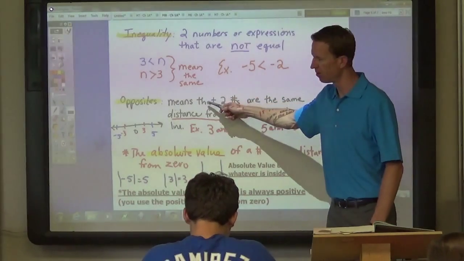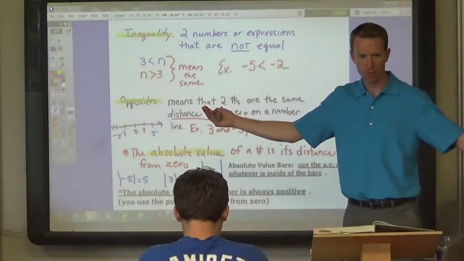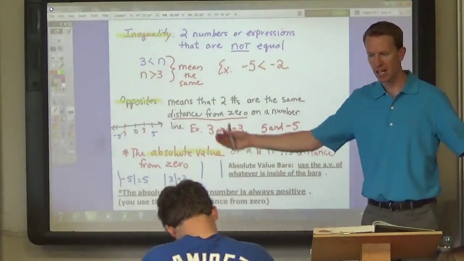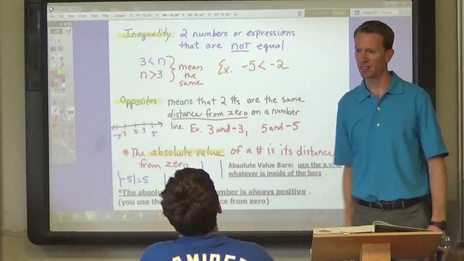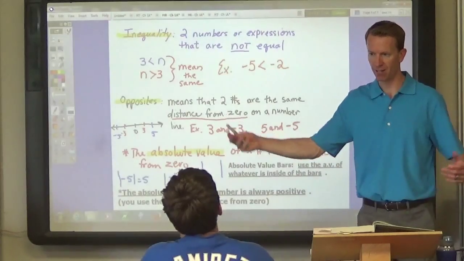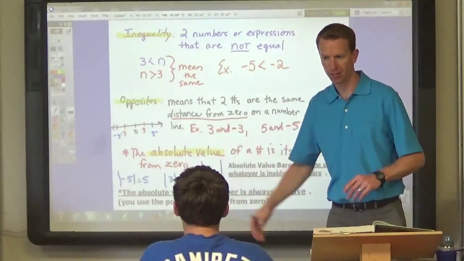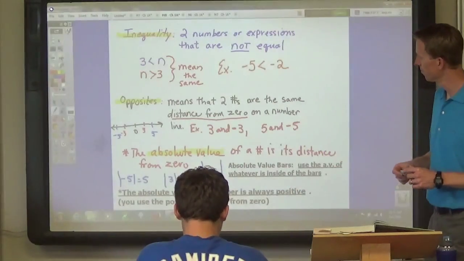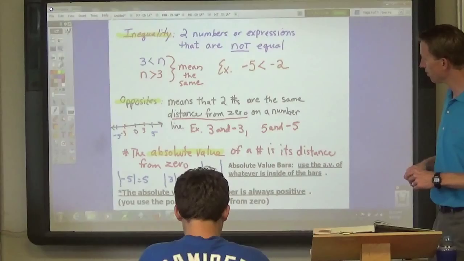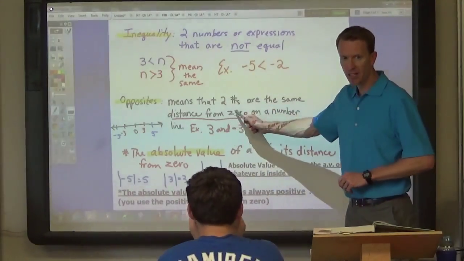Opposites. Opposites are numbers that are the same distance from 0, so they have the same absolute value, but they're on opposite sides of 0. So 4 and -4. 5 and -5. 20 and -20. Those are all opposites. And so absolute value is the distance a number is from 0.